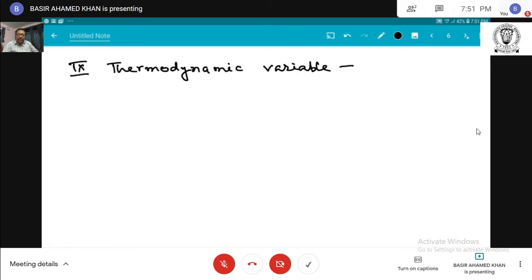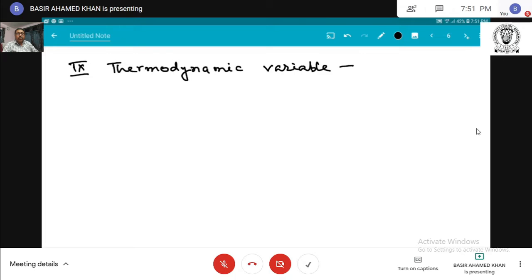Therefore, the states of thermodynamic equilibrium can be described in terms of coordinates that do not involve time, and these are known as thermodynamic coordinates or thermodynamic variables.